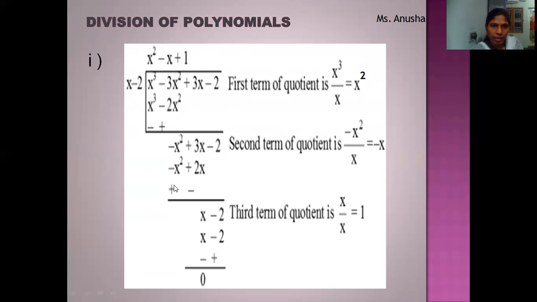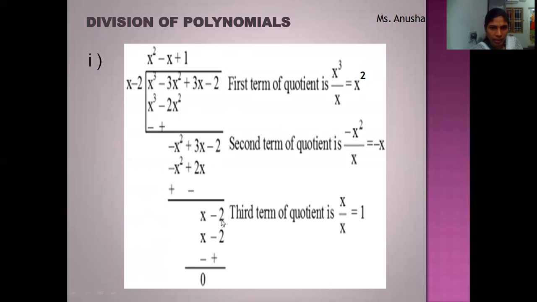Then the signs change automatically, plus into minus and minus into plus. So minus x square cancels off, and plus 3x minus 2x becomes x.